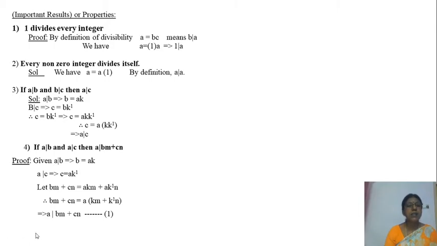These are called linear combinations. As you keep giving values to m and n, we get different linear combinations. For example, suppose m is equal to 1, n is equal to 1. What do you get? A divides b plus c. If a divides both b and c, then a divides b plus c.